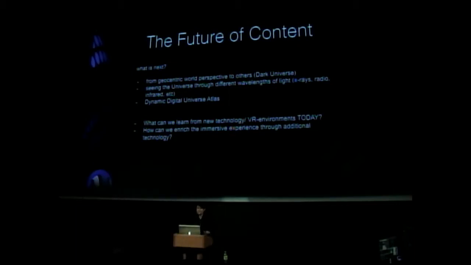Will it be that we need a dynamic digital universe atlas, and maybe then also a dynamic digital Earth atlas, ocean atlas, etc.? So those would be, I think, things that we need to think of, especially now if we are, all together, the software makers, the producers. What will be the next mind-expanding thing that we could create, possibly?